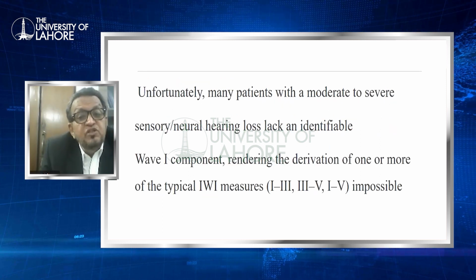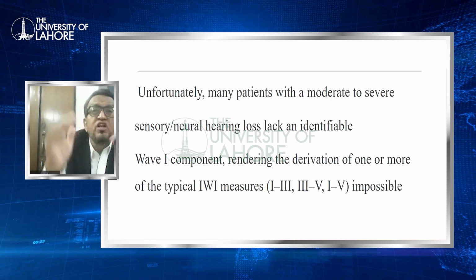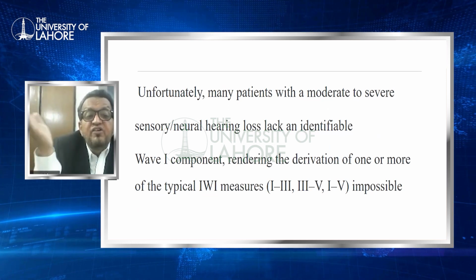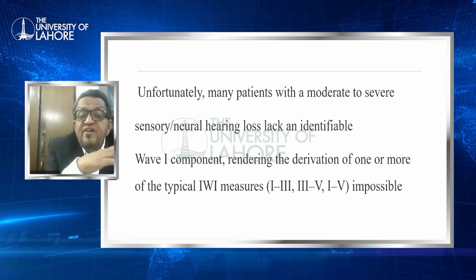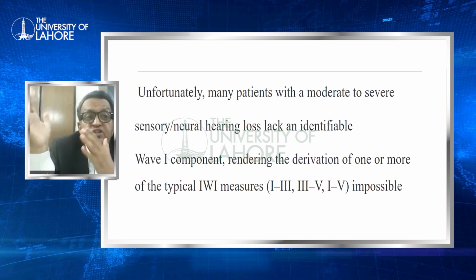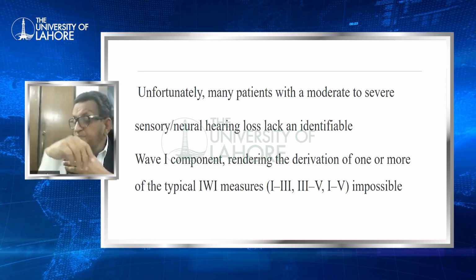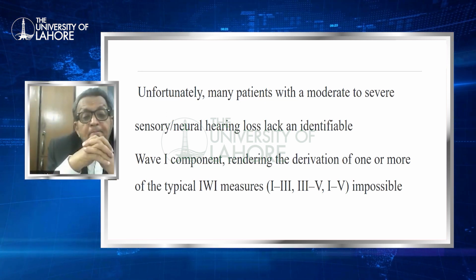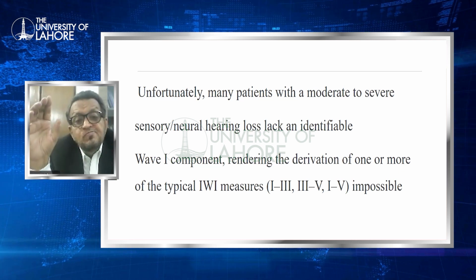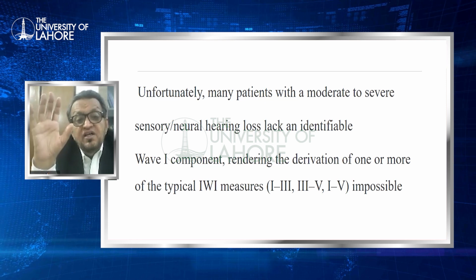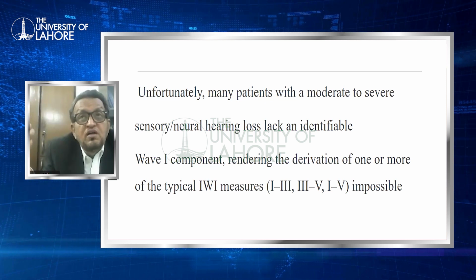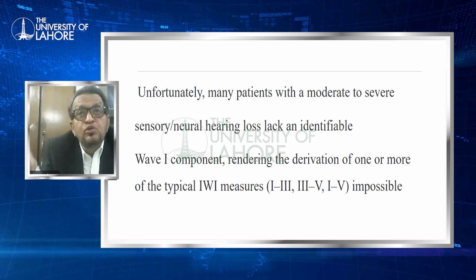Unfortunately, many patients with a moderate to severe hearing sensitivity loss do not have an identifiable wave 1 component, rendering the derivation of one or more typical interwave latencies impossible. When they are unidentifiable, then we have to resort to absolute latencies.